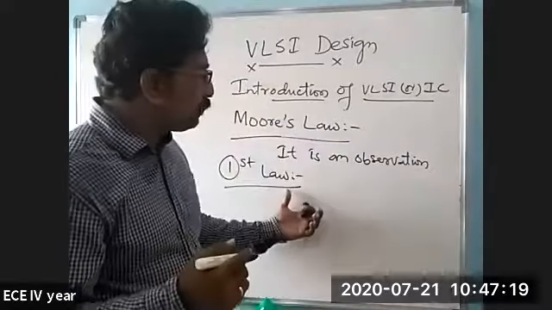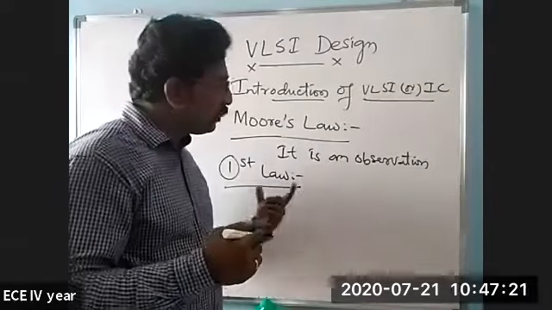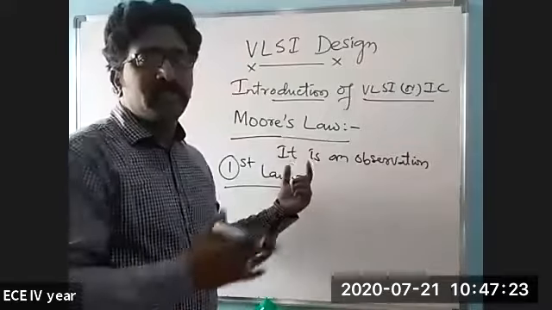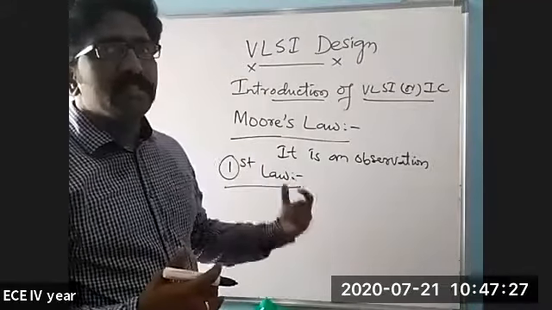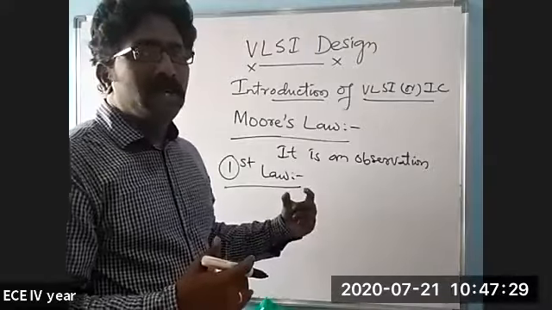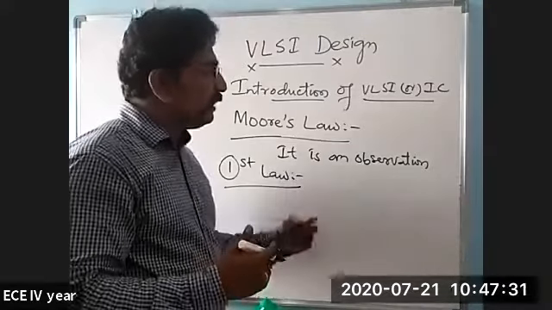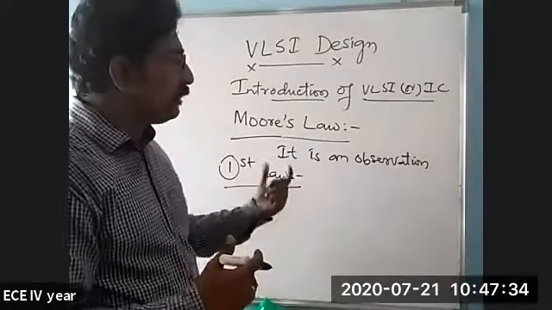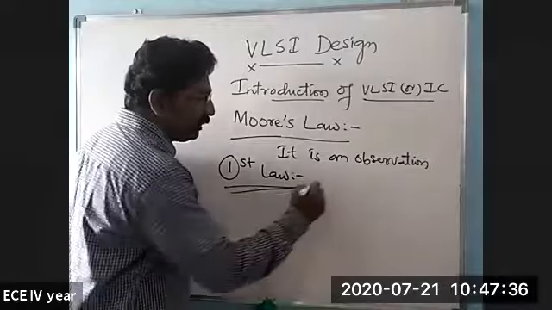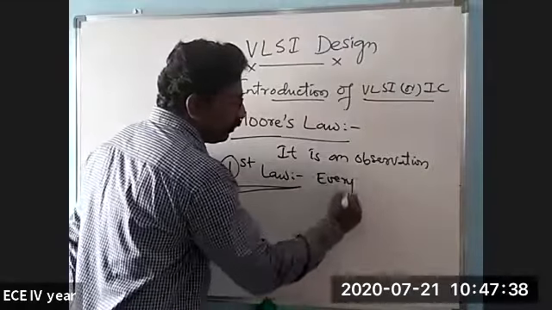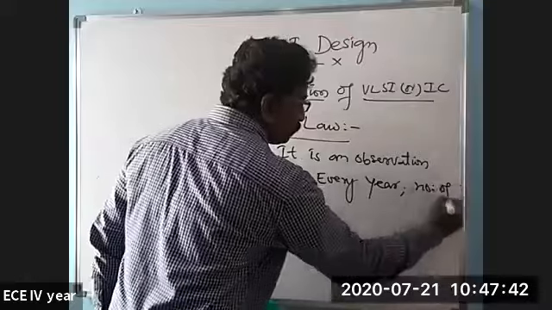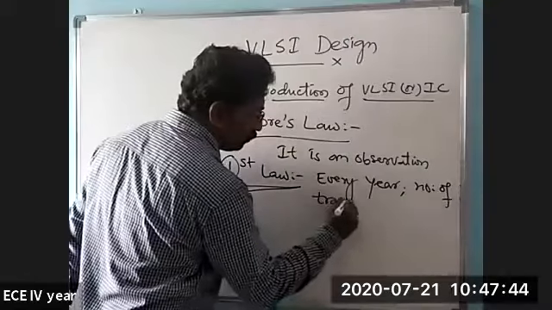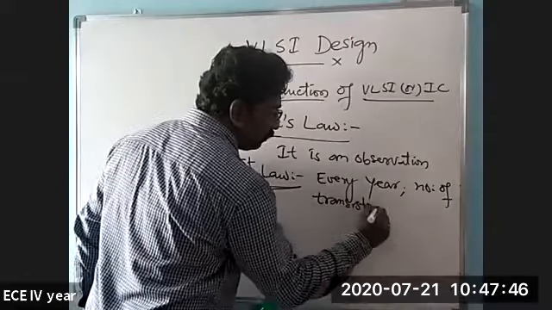First I'll write this down, and later I'll explain Moore's first law with the help of a graph, so that you can understand clearly how it was proven wrong, and how he later restated the law. The first law: every year the number of transistors will double.